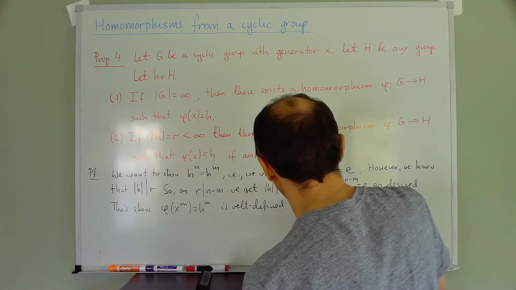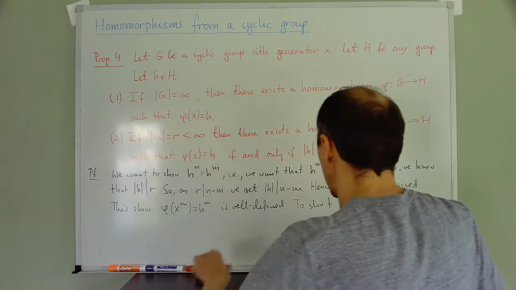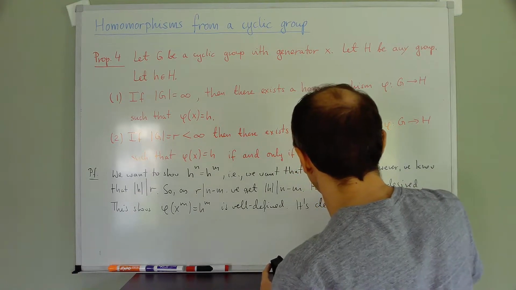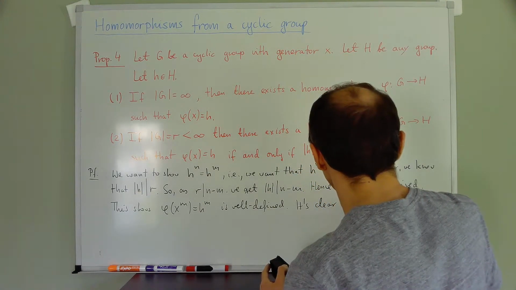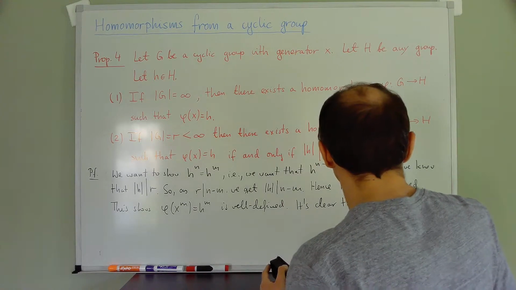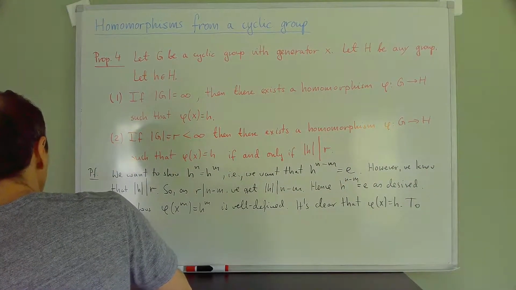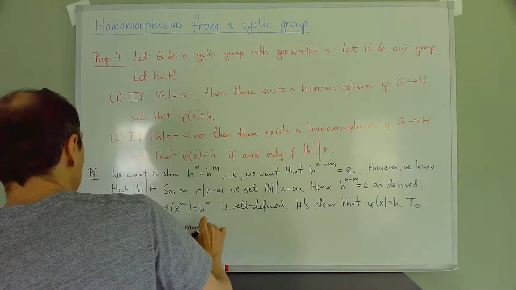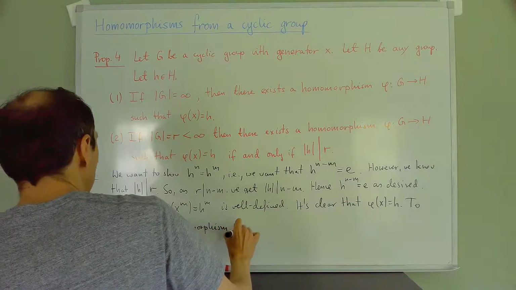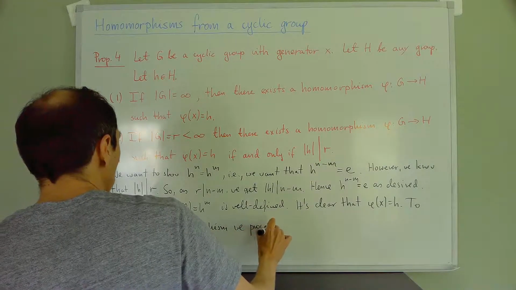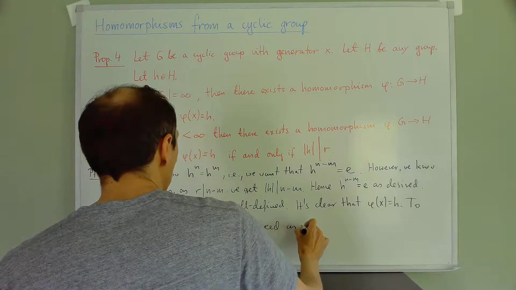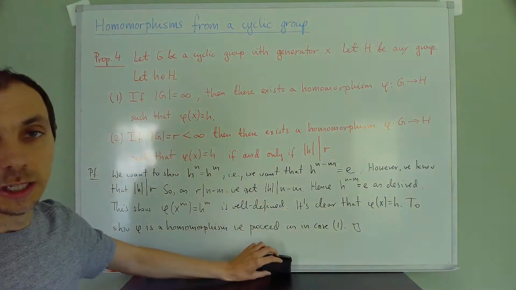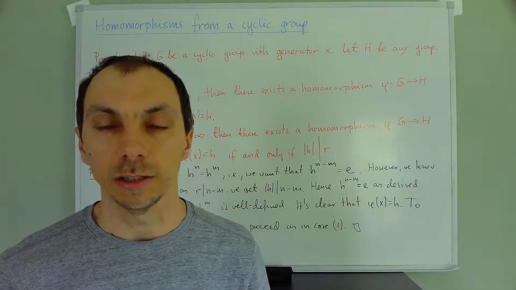I mean, it's clear that phi of x is equal to h. To show phi is a homomorphism, we proceed as in case 1. I'm not going to repeat the calculation here. The calculation is completely identical to the calculation in case 1.